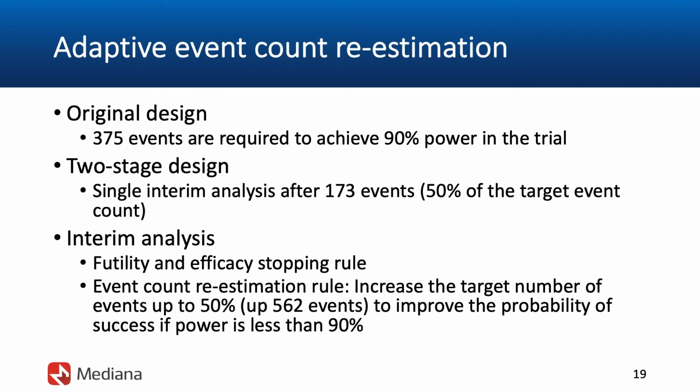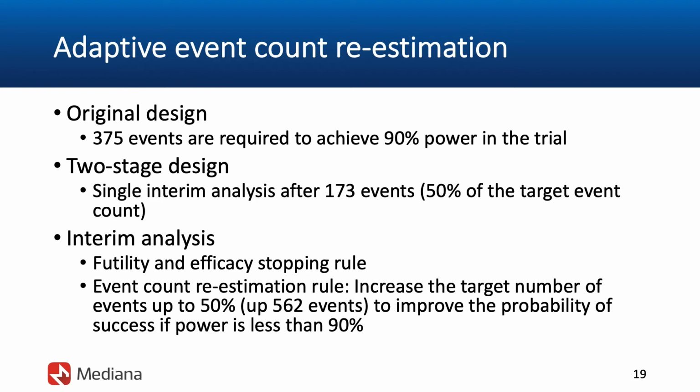The following decision rules were to be employed at that interim analysis: the futility stopping rule as well as the efficacy stopping rule. Those will not be discussed here. We're not going to emphasize them. We're going to emphasize the rule for updating the target number of events.